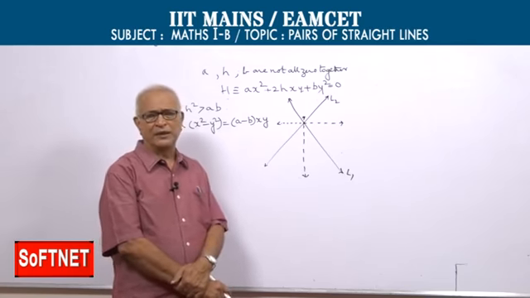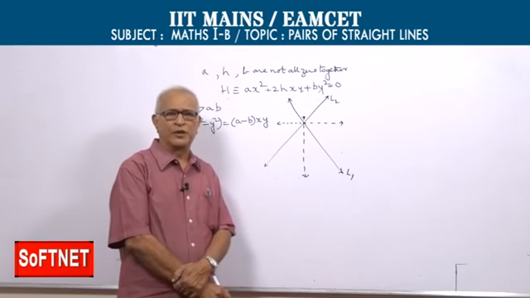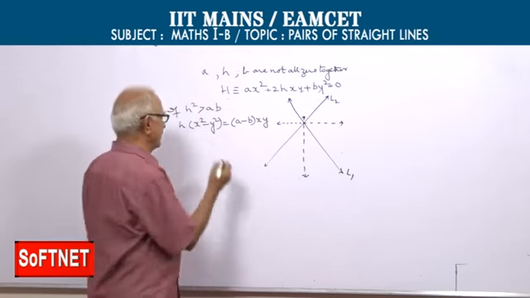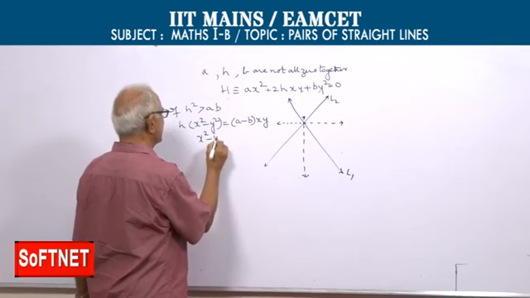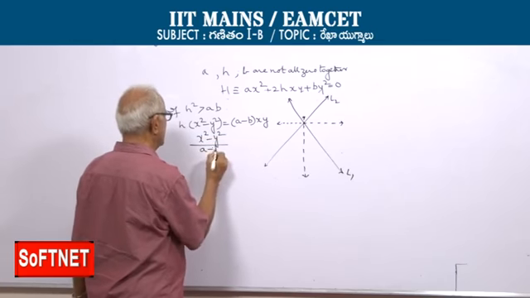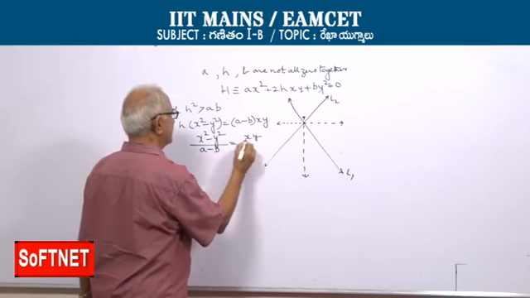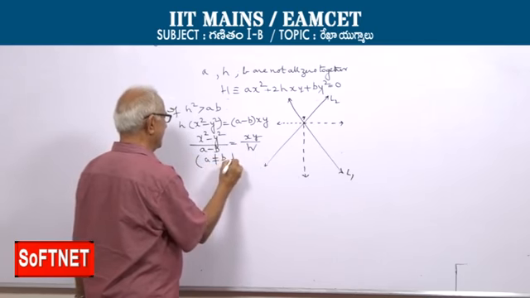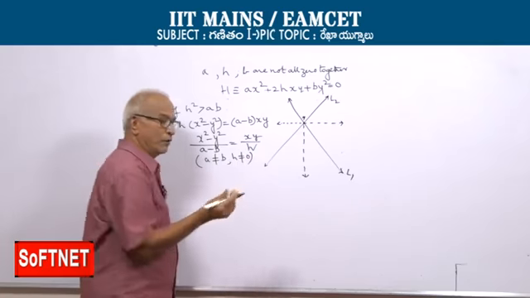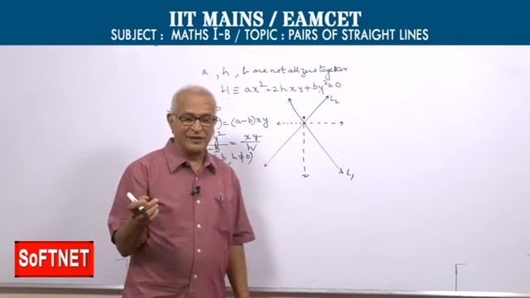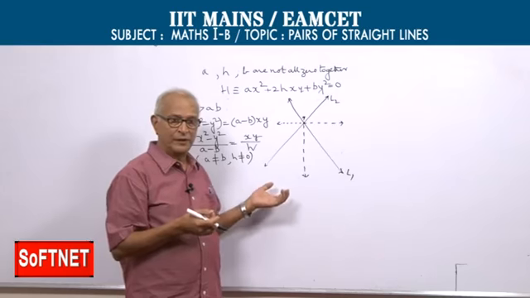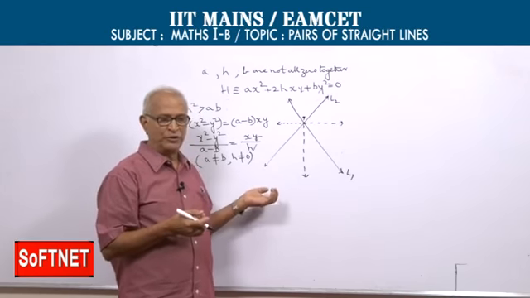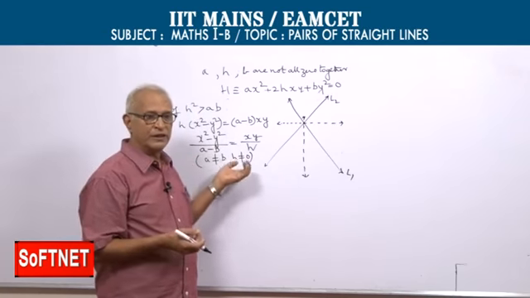And sometimes the students or some people also are in the habit of writing this equation in the form x square minus y square by a minus b equal to xy by h, provided a not equal to b and h not equal to 0. Otherwise, it takes awkward form. So, as long as a and b are different and also h is non-zero, you have freedom to write the equation in this form.